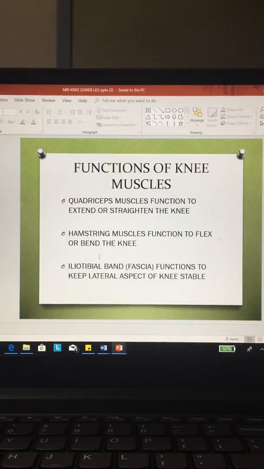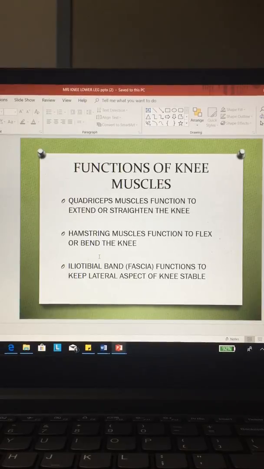The iliotibial band functions to keep the lateral aspect of the knee stable. So just don't confuse that with what we just studied in the hip, because as we flex the hip, many times we are extending the knee. As we extend the hip, we're then flexing the knee, right? So they're opposite each other.